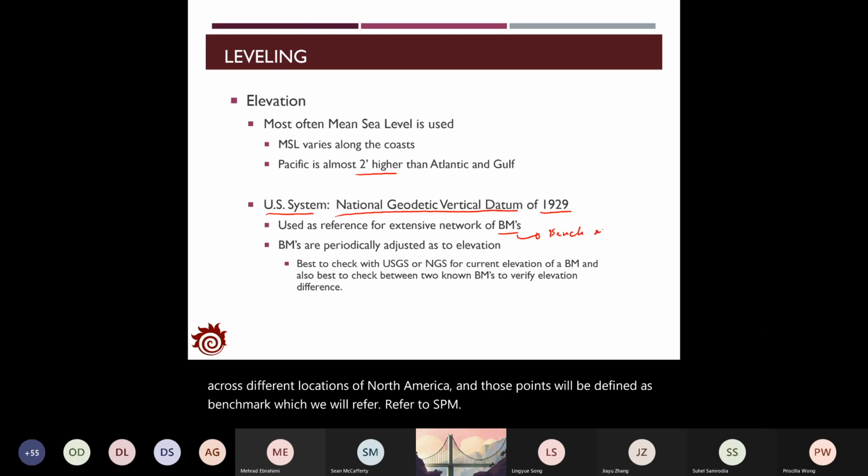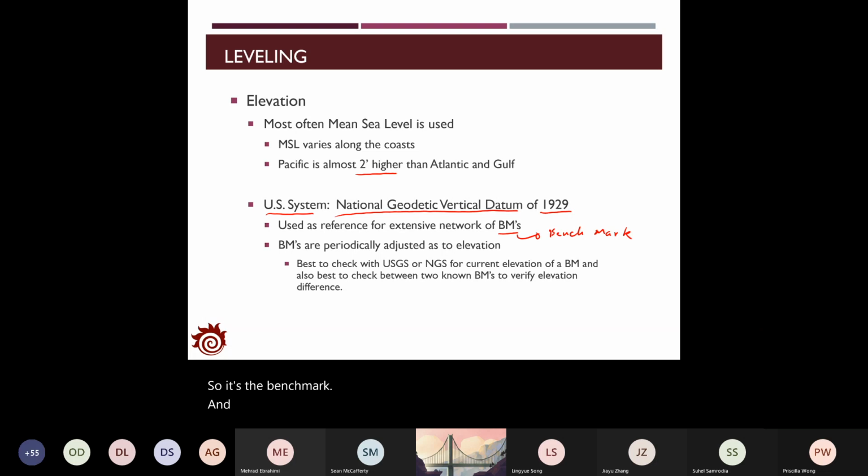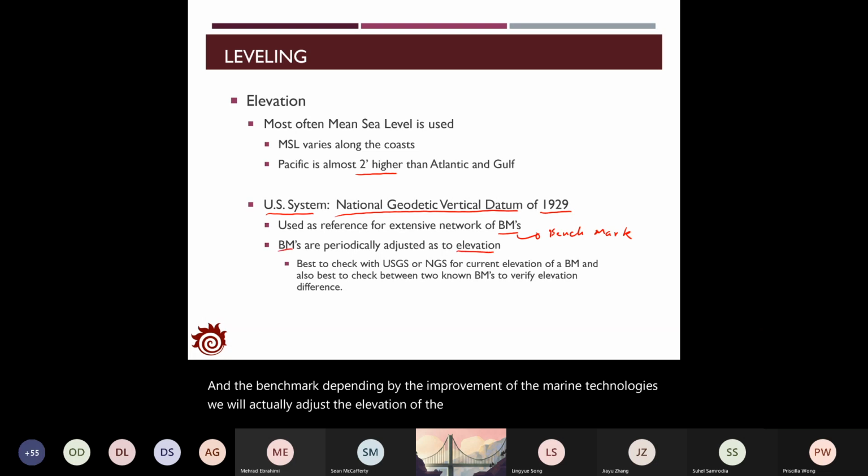And the benchmark, depending on the improvement of the measurement technologies, we will actually adjust the elevation of the benchmark periodically.